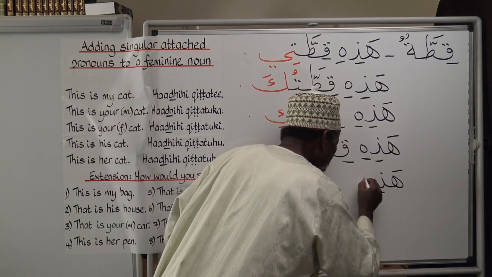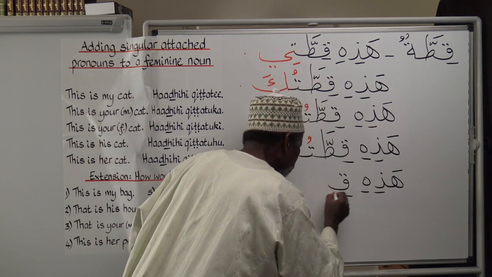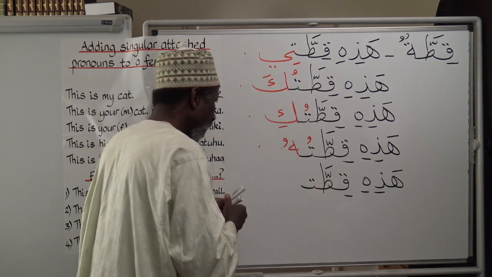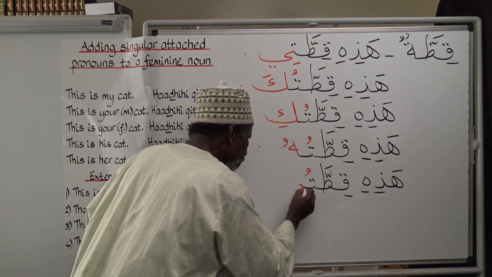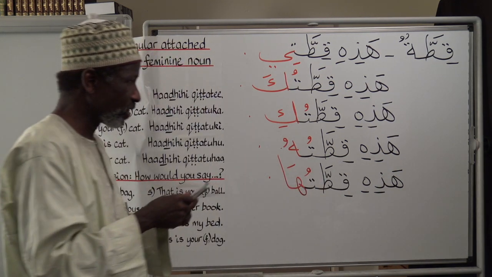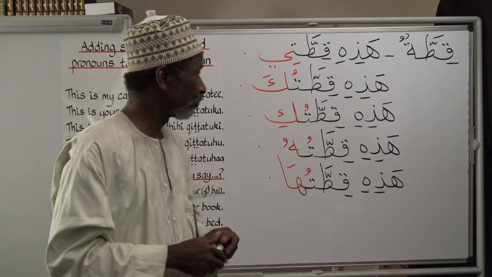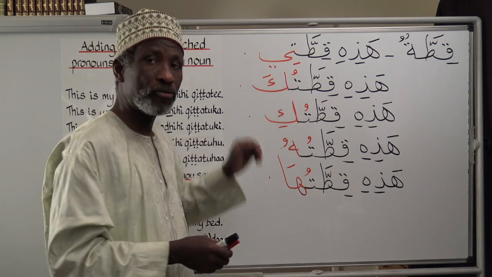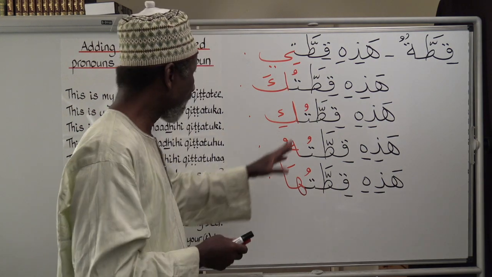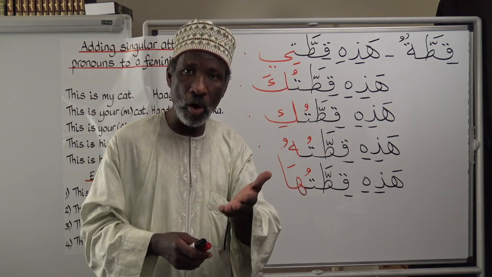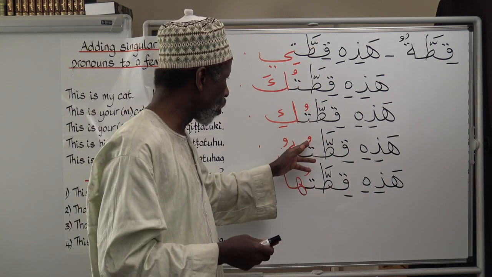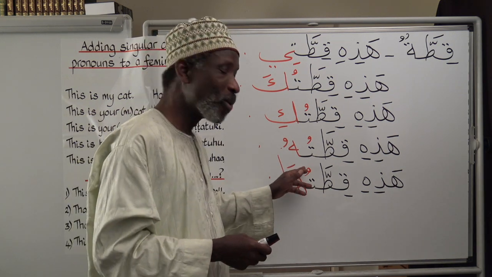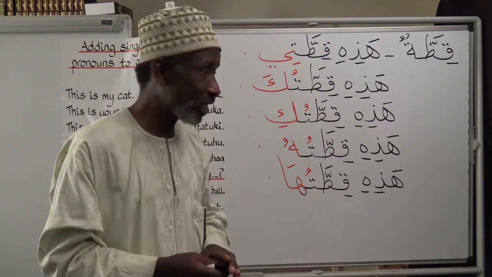When you are talking about her cat, remember the ha ending. Hadhihi qitta, and then tu, and ha. Hadhihi qittatuha. So, same principle: e ending for my, and uka for yours, masculine singular, and uki for yours, feminine singular, and uhu for his, and uha for hers.